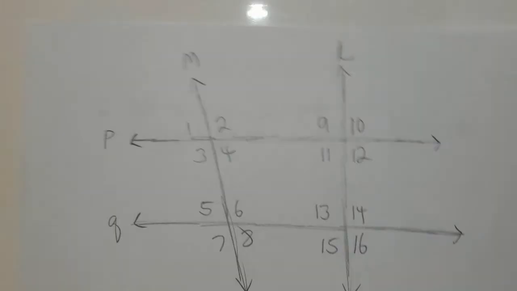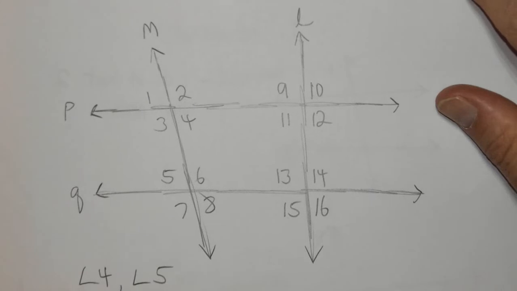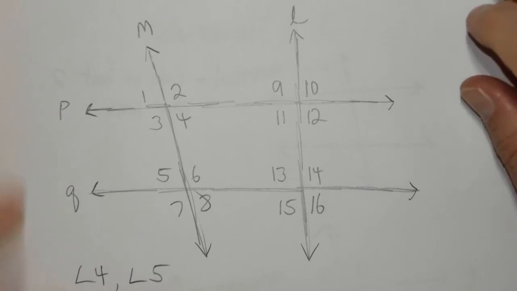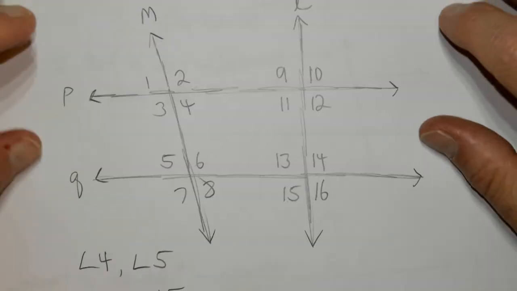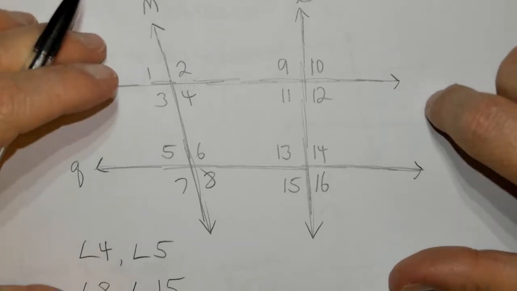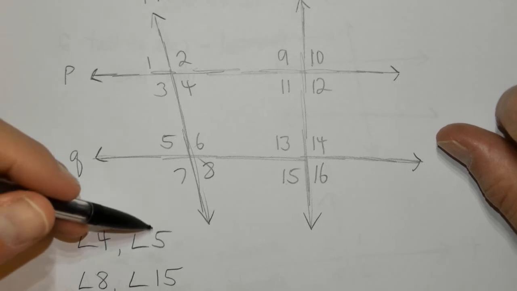All right, and so let's take a look at a diagram here. And so on this diagram we have 4 different lines that are intersecting to form 16 different angles. And so what we're going to have to do is identify the angle pair. So the first angle pair I want to identify is angle 4 and angle 5.